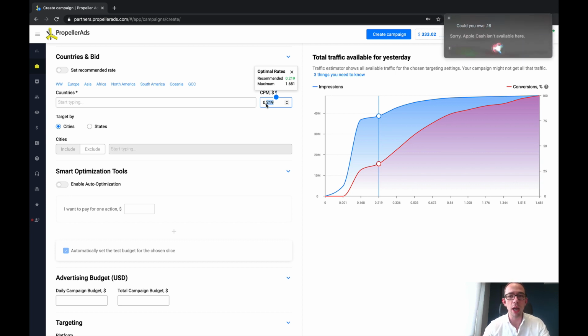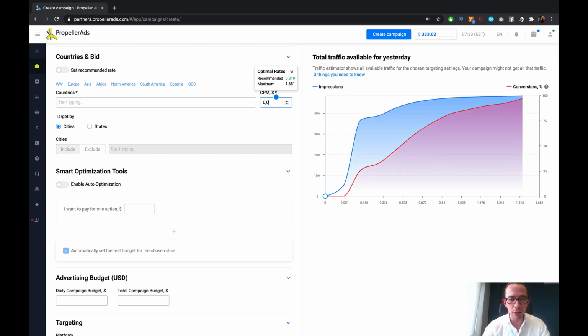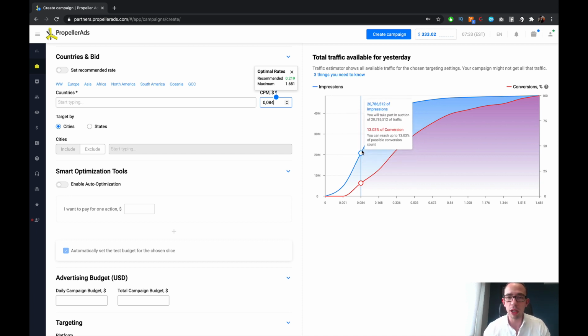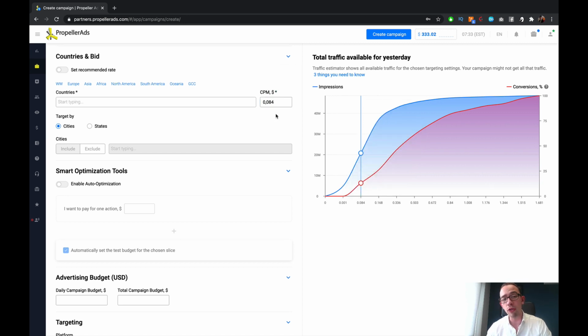There is quite the gap. Oh, they have quite the gap there. So I will say perhaps type 9, all right? I want to be ish in the middle of the curve, right? A little bit in the middle. So I guess I'm pretty much in the middle, not on conversions, but more on impressions, right? So this is the slope it goes, and I want to be in the middle just for the initial testing. If it doesn't spend, I up the bid.